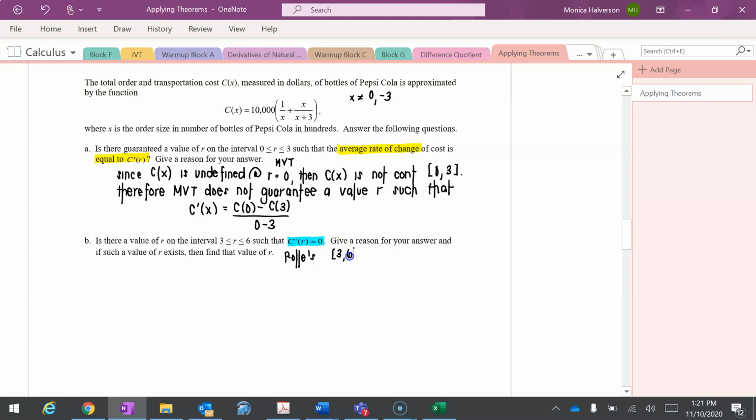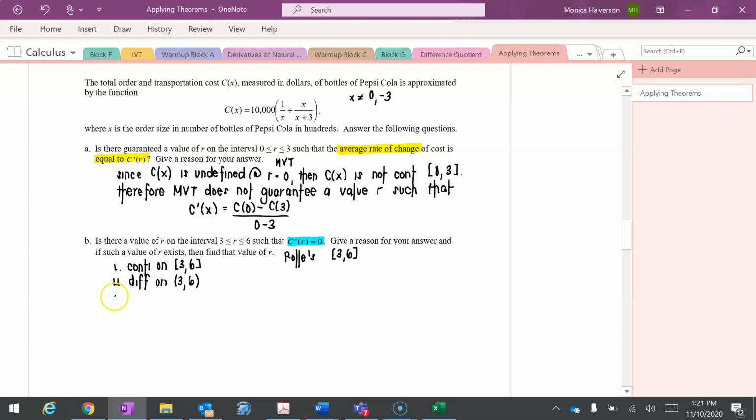So we can say it is continuous on 3 to 6. We can also say it's differentiable because we do not have a cusp, an absolute value, or a piecewise function. So we automatically know it's differentiable on 3 to 6.